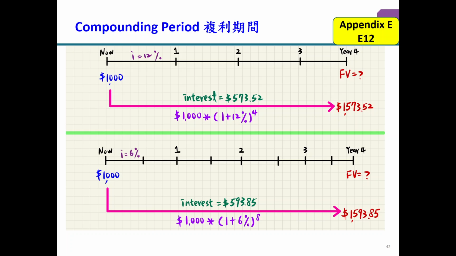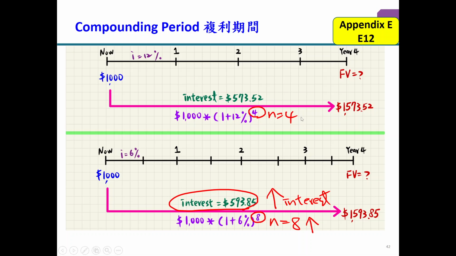Okay? So even though for case 2 on your slide, page 42, did you find out? When your n is 8, means what? You will get more interest. Okay, comparing to case 1, N is only 4.